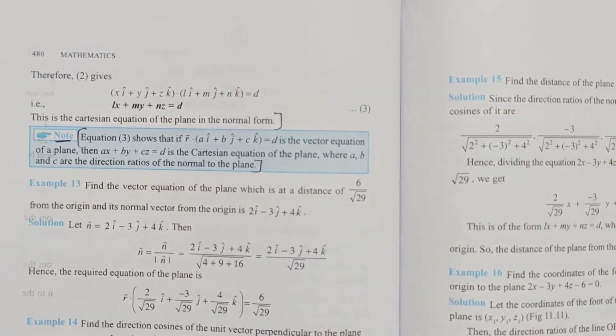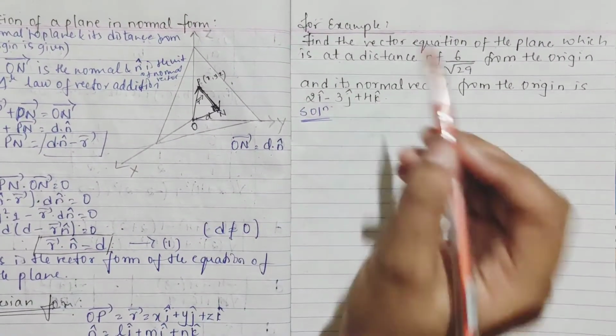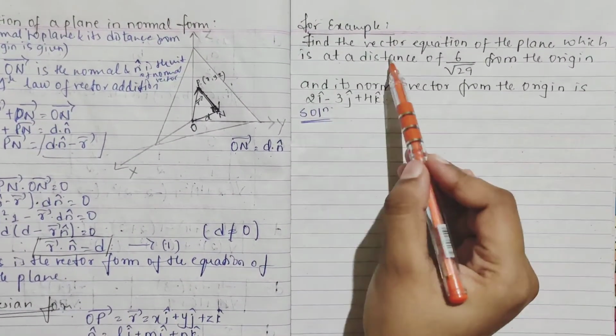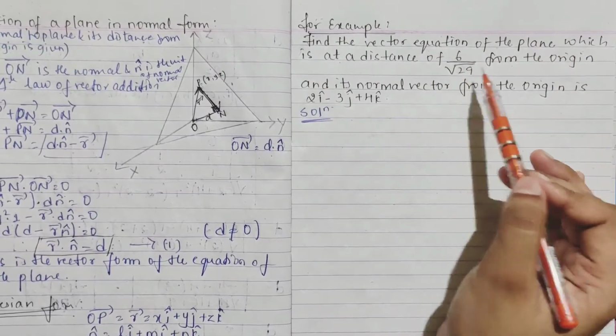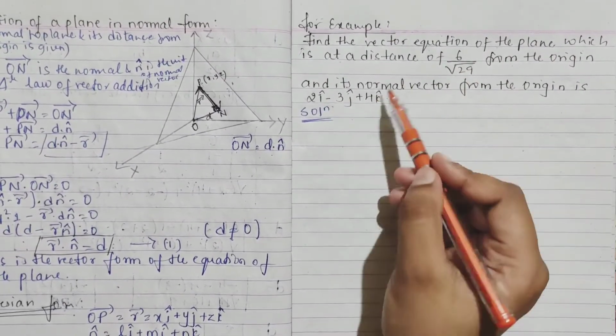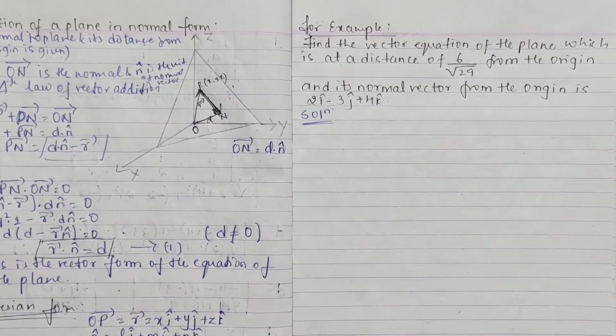I'll show you an example, it will be clear for you. For example, I've taken: find the vector equation of the plane which is at a distance of 6 by root 29 from the origin, and its normal vector from the origin is 2 i cap minus 3 j cap plus 4 k cap.